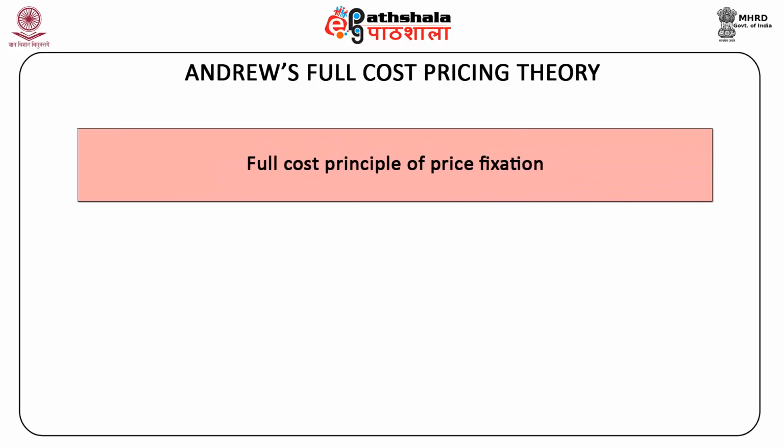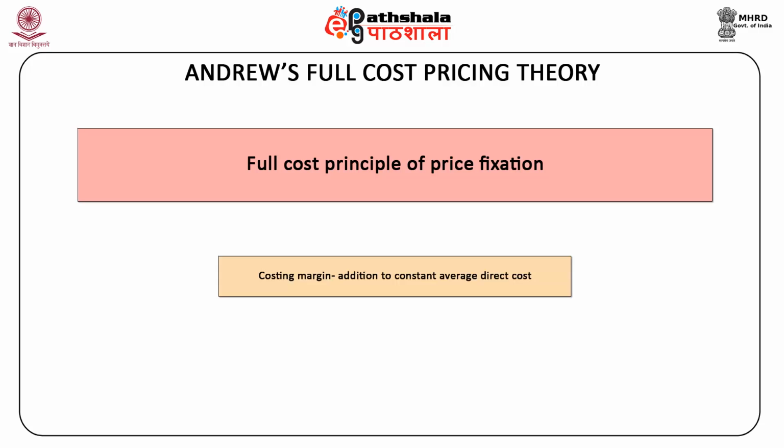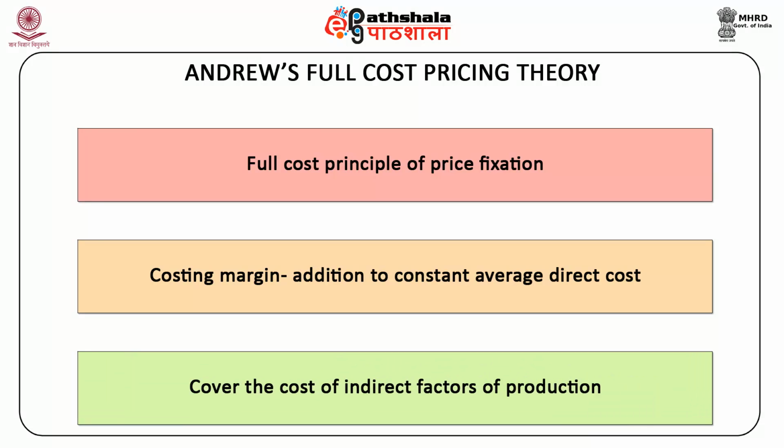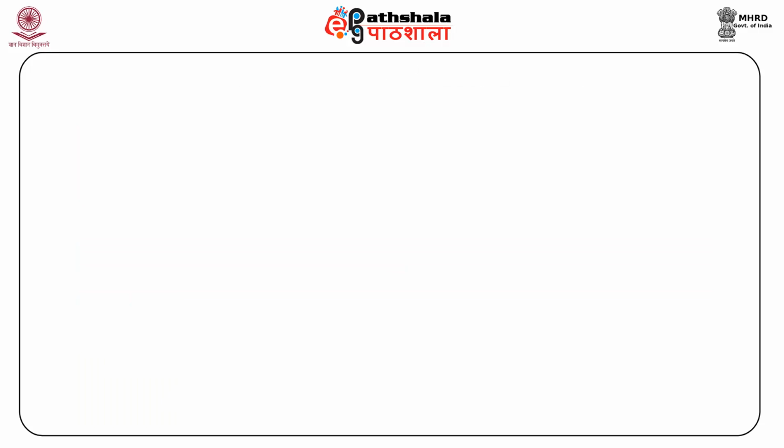He emphasized the full cost principle of price fixation by businessmen. According to Andrews, the costing margin is defined as an addition to the constant average direct cost and will normally tend to cover the cost of the indirect factors of production and provide a normal level of net profit.